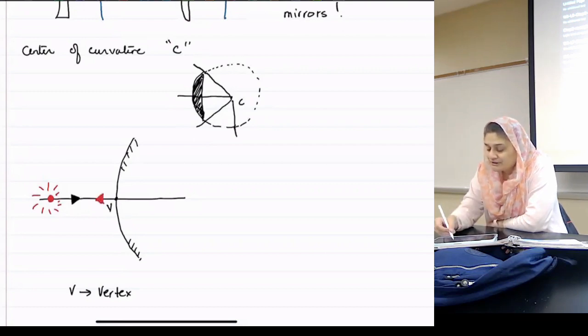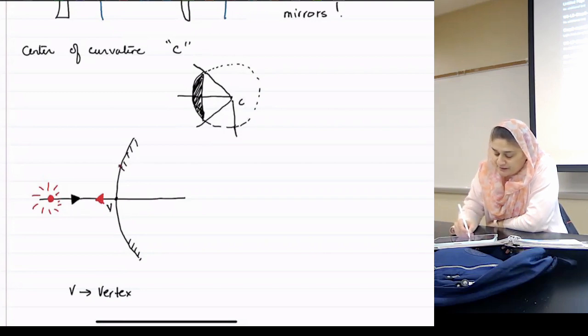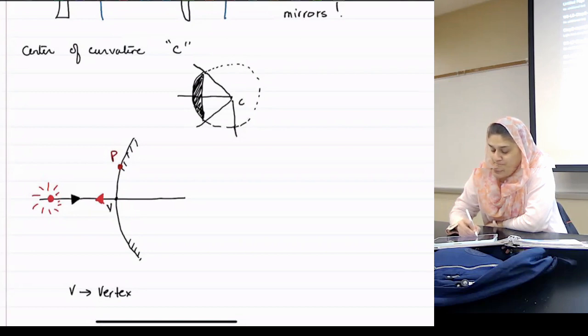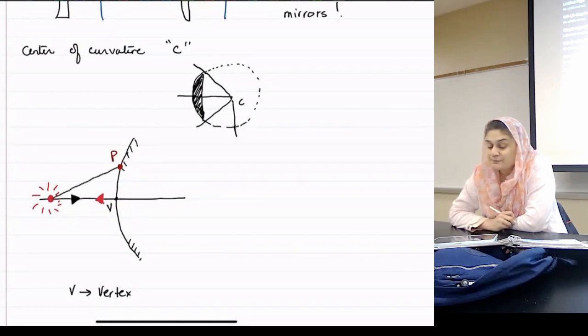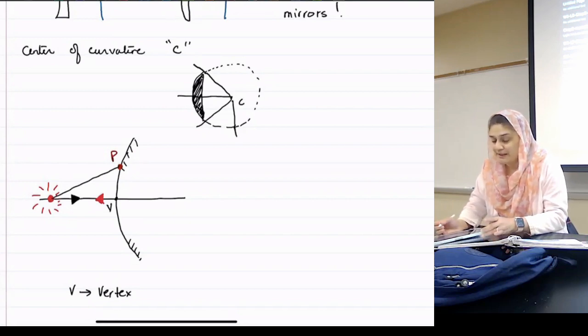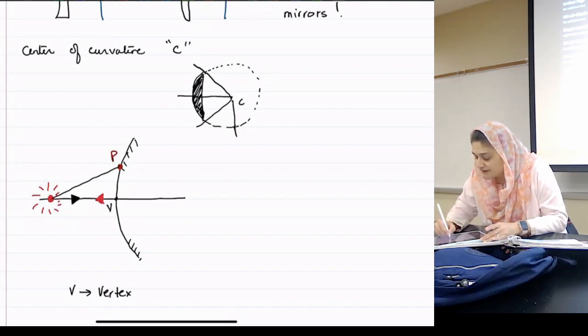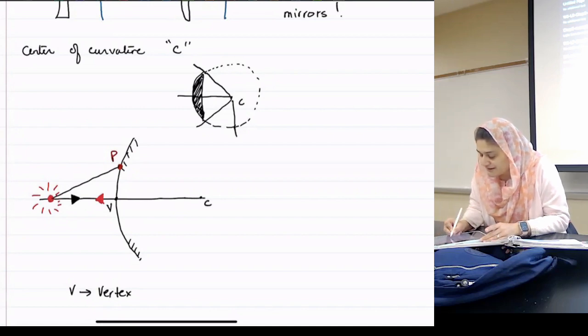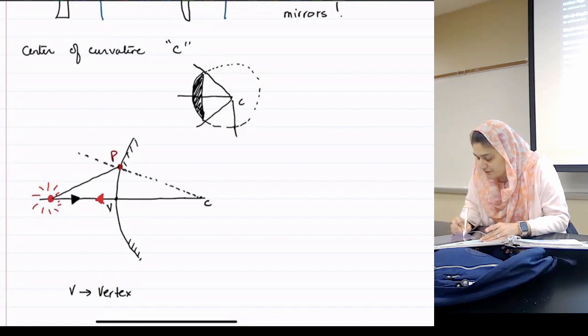But imagine what happens if the ray is incident at point P. The ray will go like this. By how much it is reflected back depends on the center of curvature. Remember, I said there were normal lines to the surface from the center of curvature.